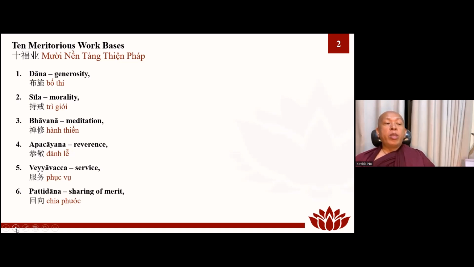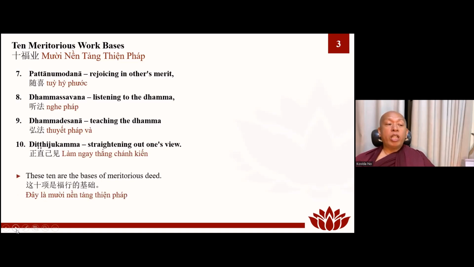So the seventh will be pattanumodana, rejoicing in others' merits. So when somebody shares the merits, we must rejoice. Although they don't share the merits, when seeing somebody doing well, for example, when seeing somebody meditating well, we can rejoice.